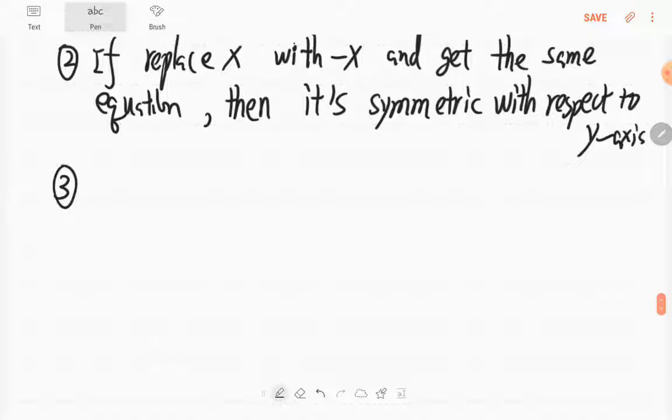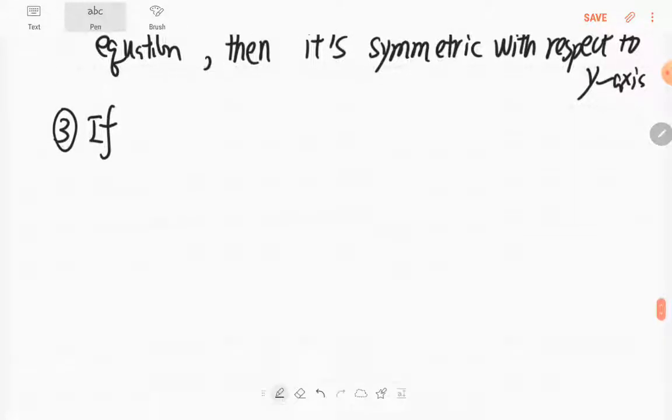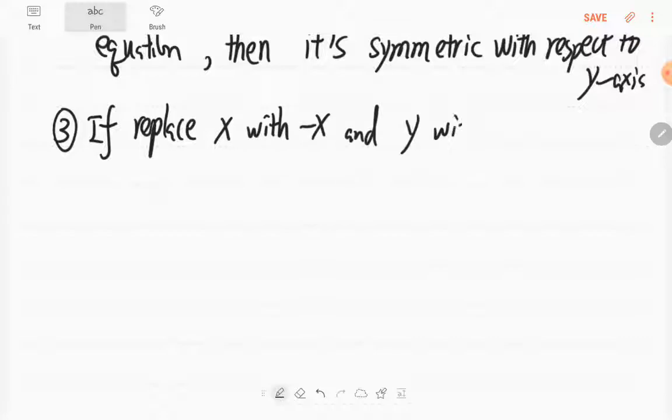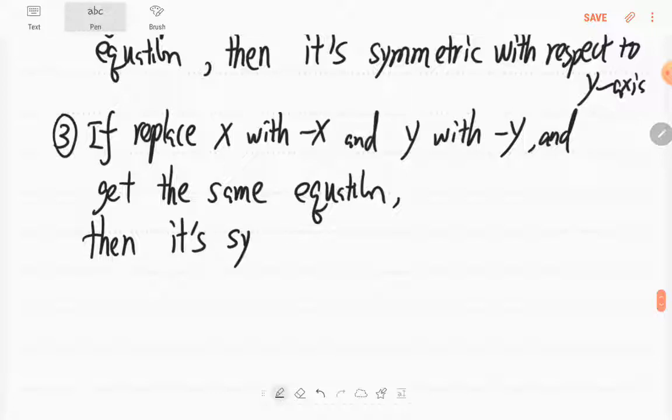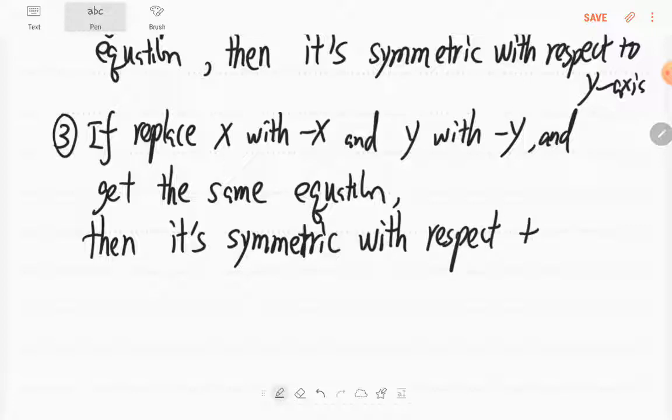Third one, if you replace x with negative x and y with negative y, and get the same equation, then it's symmetric with respect to the origin.